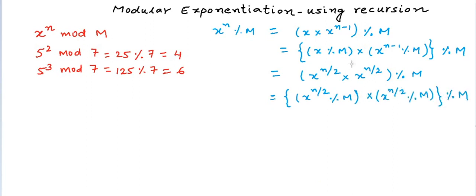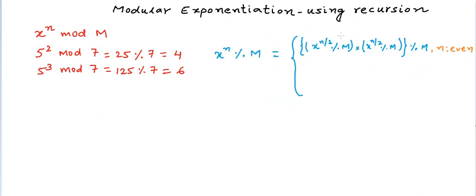So we have a recurrence relation here once again. I'll write this in a neater manner: x to the power n modulo m is equal to x to the power n by 2 modulo m into x to the power n by 2 modulo m, overall modulo m, if n is even. It is equal to x modulo m into x to the power n minus 1 modulo m, overall modulo m, if n is odd.